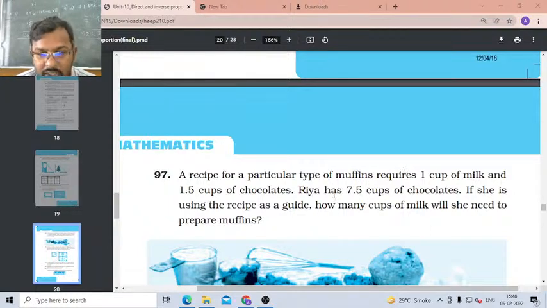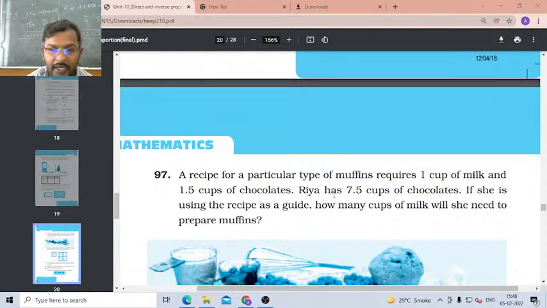Okay, so the question is: a recipe for a particular type of muffins requires 1 cup of milk and 1.5 cups of chocolates. Ria has 7.5 cups of chocolates. If she is using the recipe as a guide, how many cups of milk will she need to prepare the muffins?